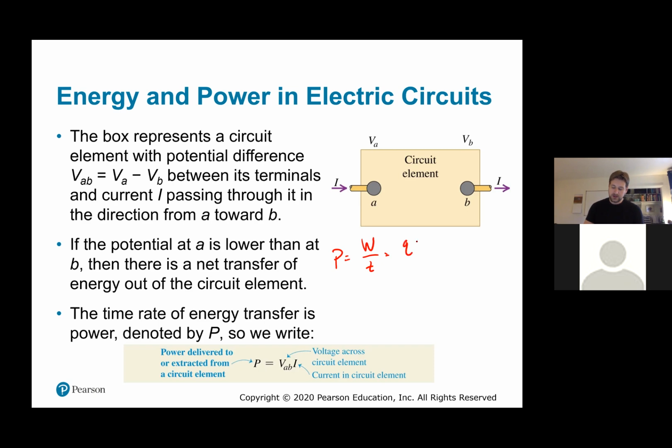Work is charge times voltage, and charge per time is current. So that's where that relationship comes from. The power delivered to, supplied to, or dissipated by, extracted from a particular circuit element is, there it is right there.